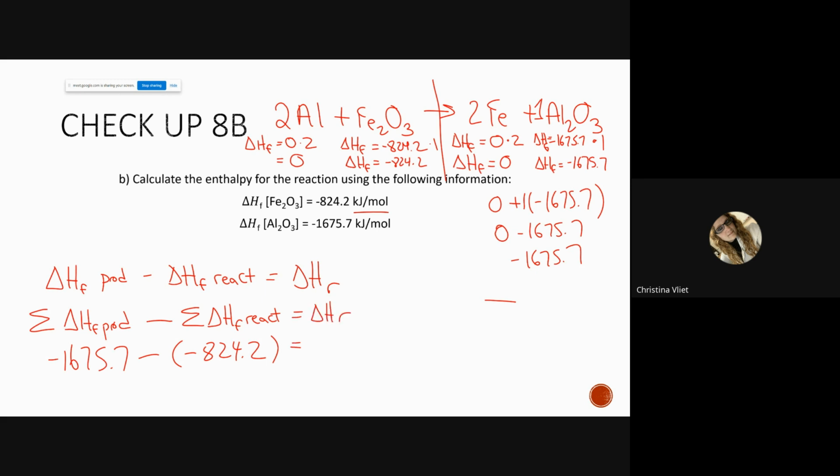So to get our answer, what do we do now? Math it. Negative 1675.7. What's the math? Remember, double negatives multiplied by each other become a positive.